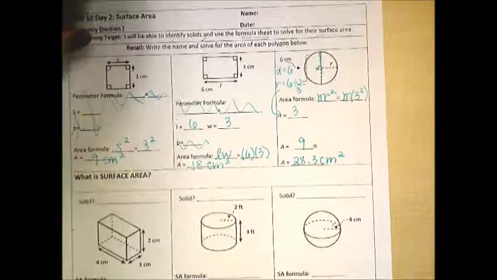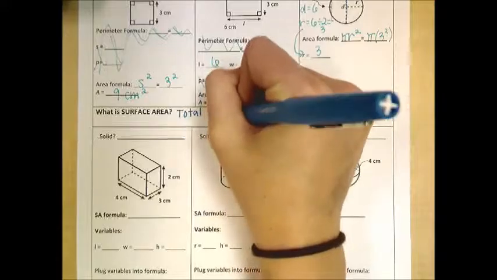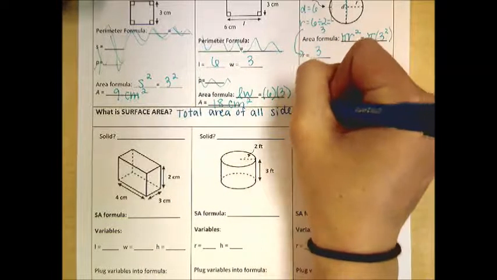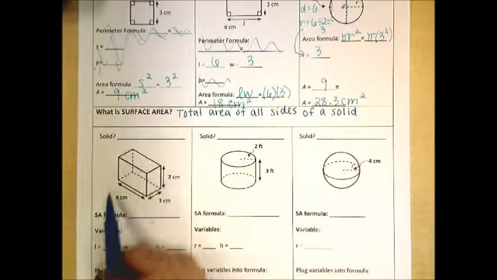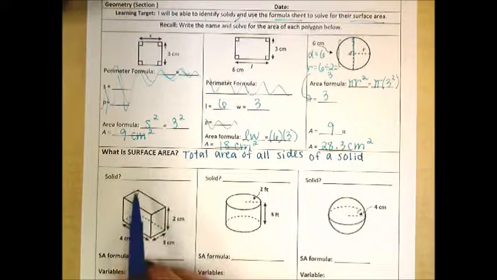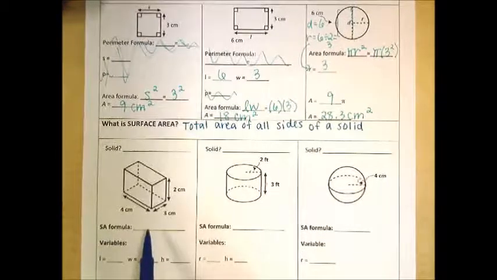Now let's talk about surface area. So surface area, again, is going to use all these different areas we had up here, but this time we're finding the total area of all sides of a solid. So, like if we did this prism down here, I could use both of these formulas and add up each of these different sides on the prism, but it turns out there's going to be an easier formula for us.